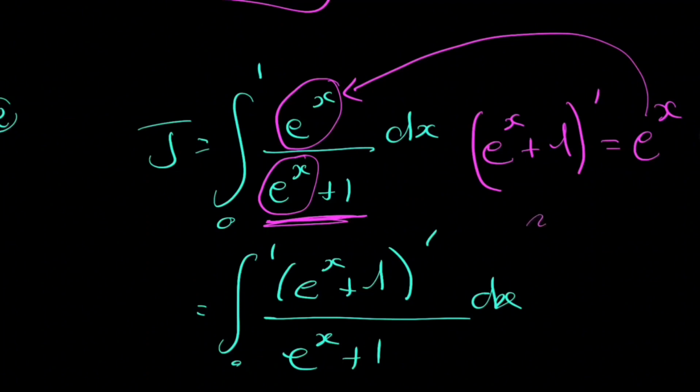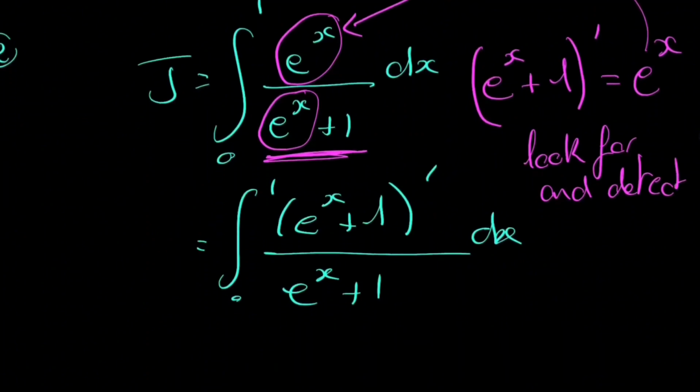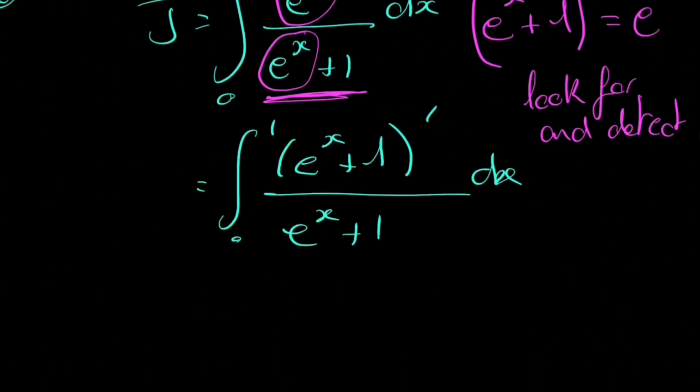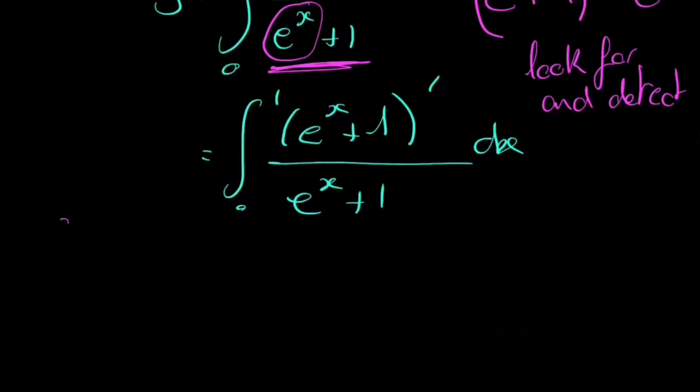That's something you should look for. Look for this kind of stuff and detect it, because you will practice. That's something that comes with time, so no problem. You know that the integral of u prime over u dx is equal to ln of u.